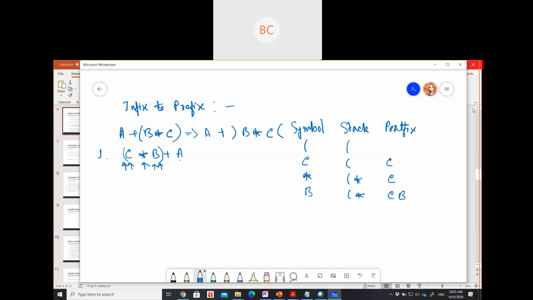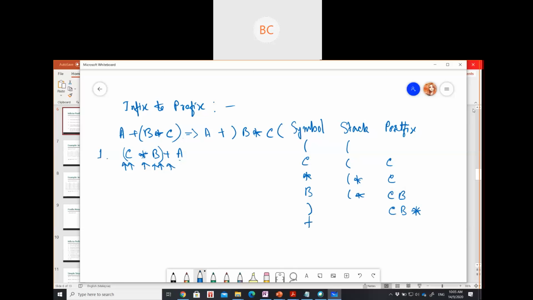So we will keep it inside our postfix notation. Next we have a closing bracket. So the moment we get a closing bracket, we will simply pop out the operator inside our stack and push it to our postfix notation. Correct? And we will remove the brackets as well. So this is after popping out the multiplication or asterisk symbol from the stack. So our next symbol is a plus sign.